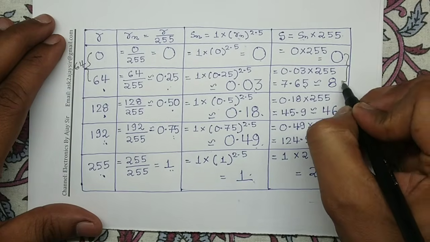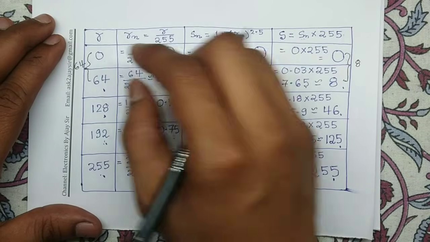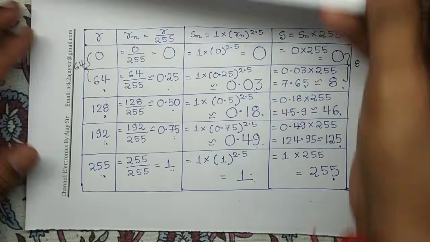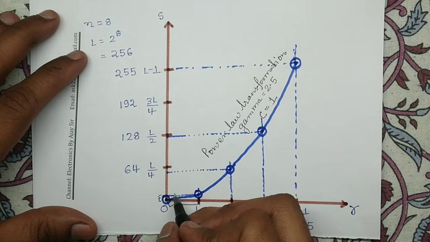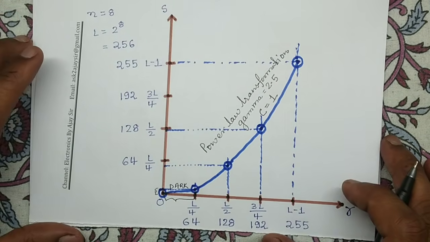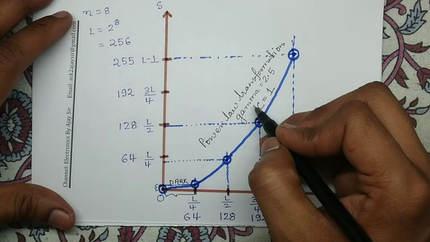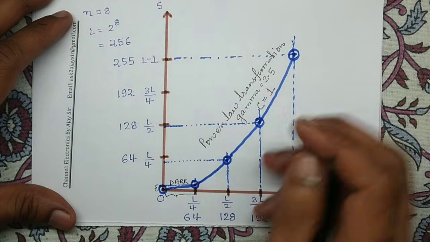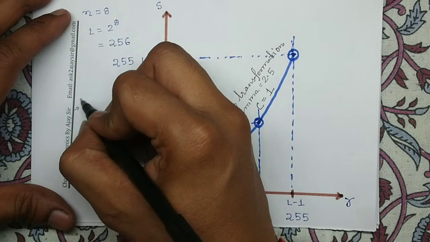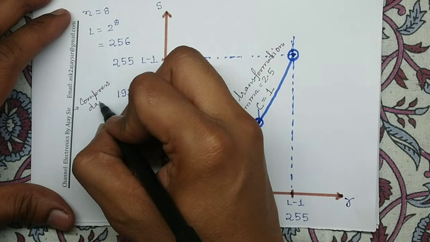So the difference here is only 8. And this range 0 to 64 is my dark range. So in this power law transformation, when I have considered gamma value 2.5, I am compressing my dark pixel values.